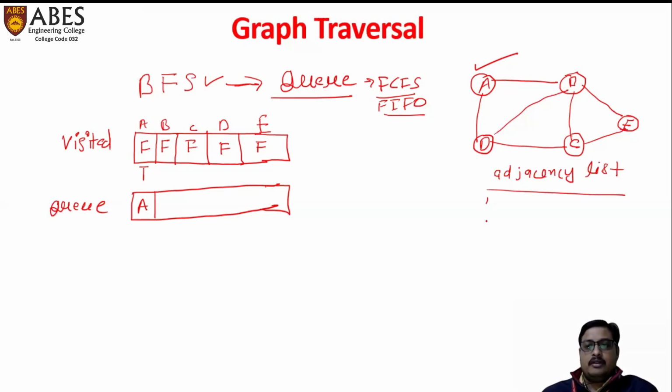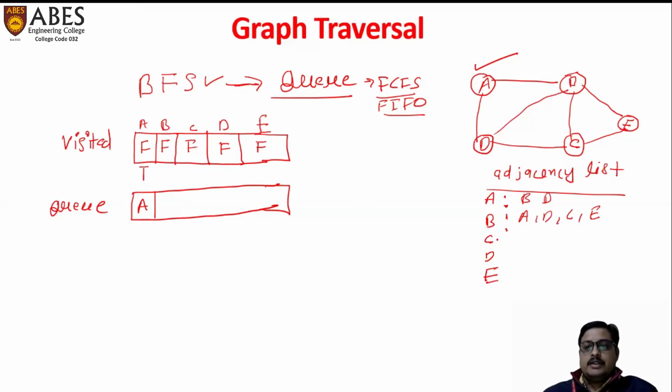Here we have A, B, C, D, and E. So we'll write the adjacency list of A. All the vertices that are directly connected to A are B and D. Adjacency list for B will be A, D, C, and E, because we can see here B is directly connected with A, D, C, and E.